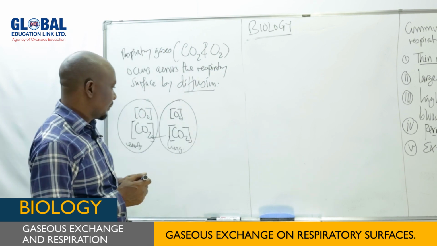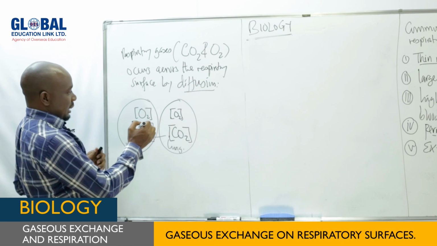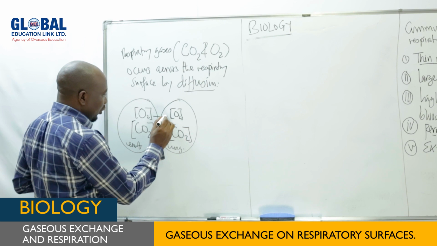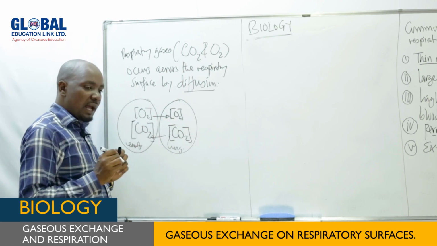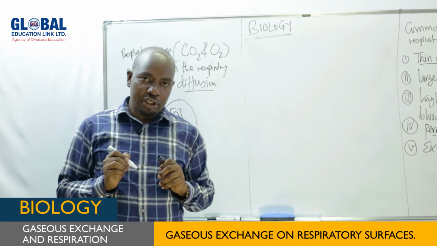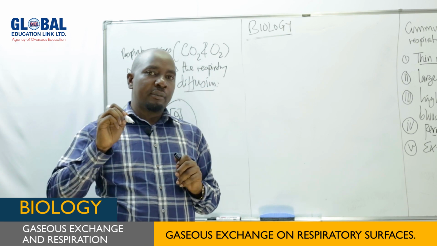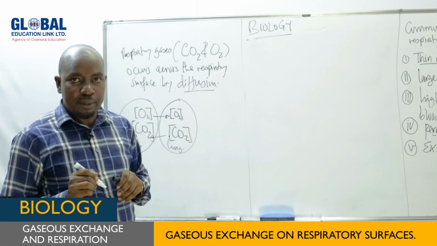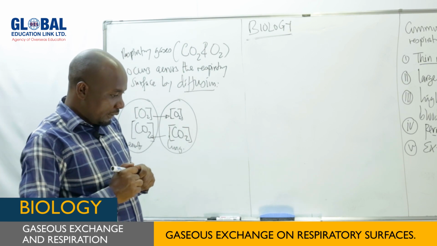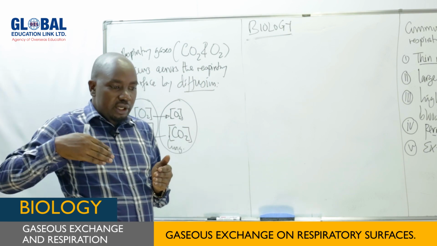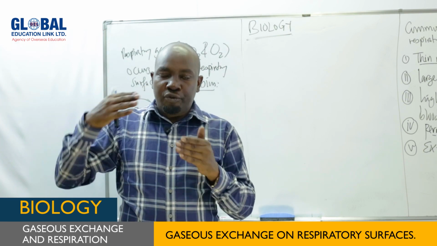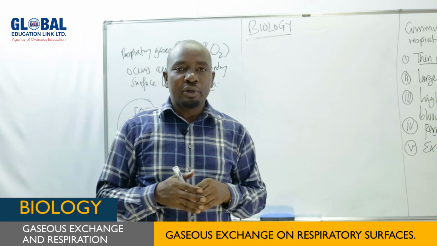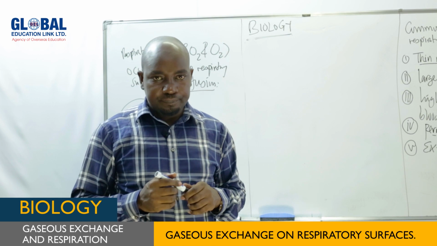Hence, the oxygen will tend to move from the area of higher concentration or higher partial pressure to the area of low partial pressure by diffusion. Meaning that oxygen will diffuse from the alveolar sacs into the pulmonary capillaries.